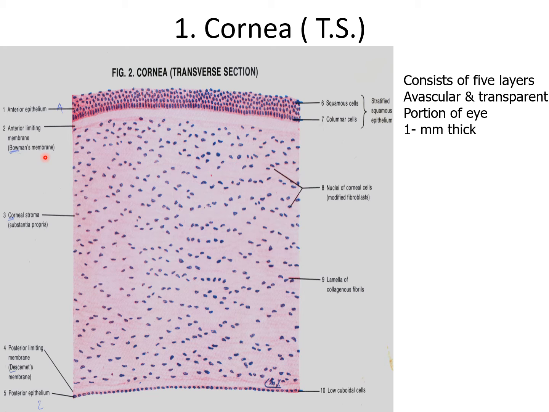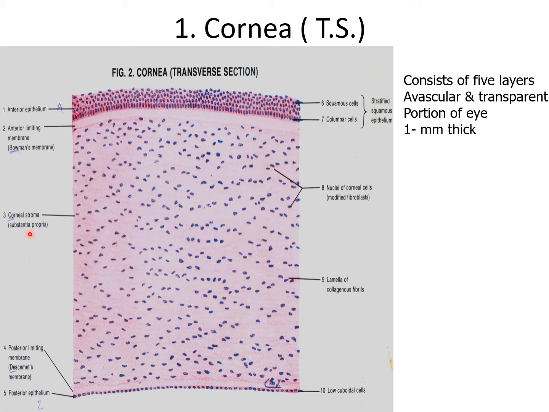The third one is the corneal stroma. This larger part is given the name corneal stroma, also called the substantia propria. Most of the thickness of the cornea is formed by the substantia propria. It is made up of type 1 collagen fibers embedded in a ground substance containing sulfated glycosaminoglycan.